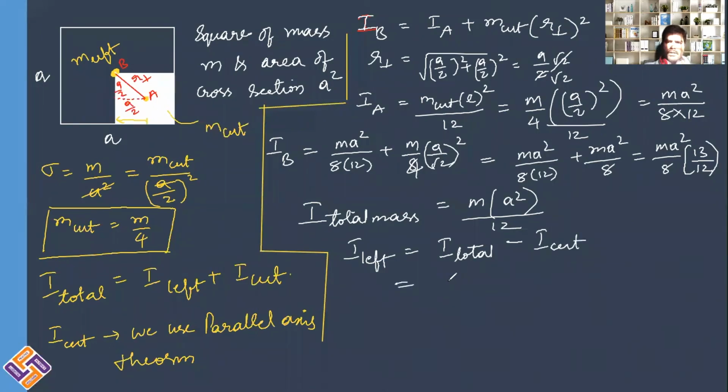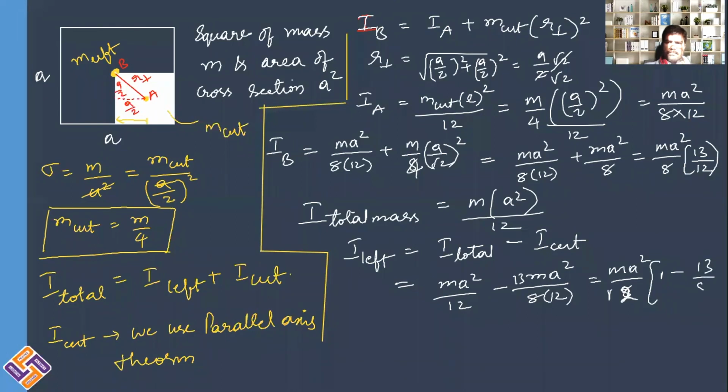The total is m a square divided by 12 minus 13 m a square divided by 8 into 12. You can take m a square by 12 common, it will be 1 minus 13 divided by 8. Right? This is the moment of inertia of the left portion.